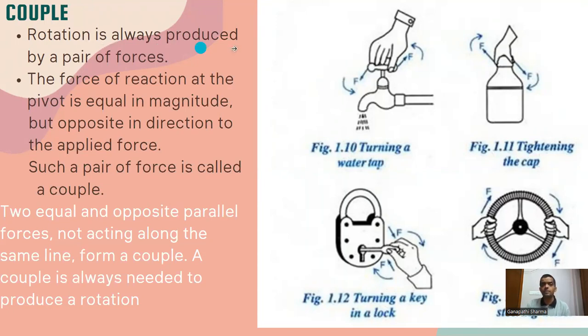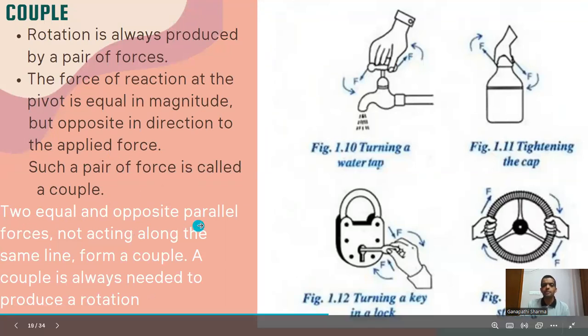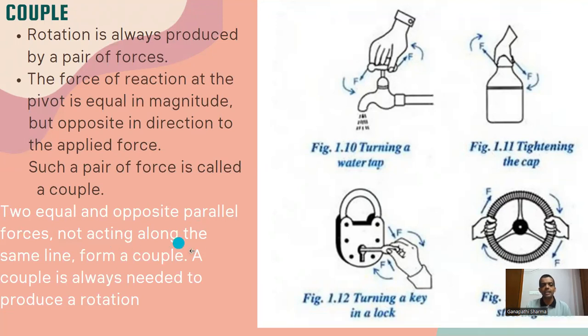Rotation is always produced by a pair of forces. The force of reaction at the pivot is equal in magnitude but opposite in direction. Such a pair is called a couple. Couple definition: two equal and opposite parallel forces not acting along the same line form a couple.